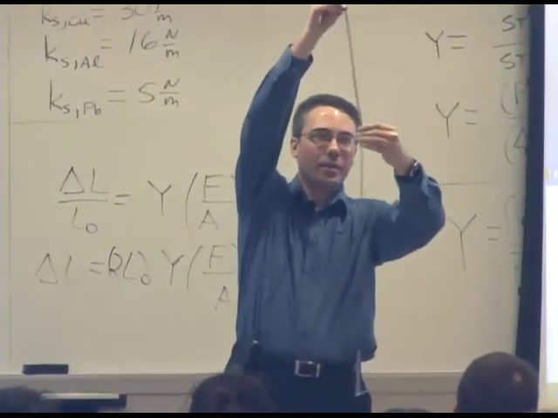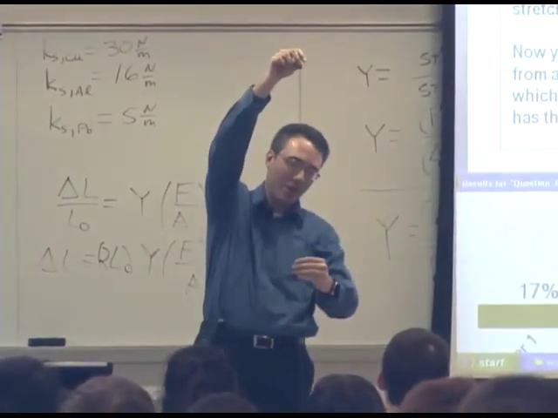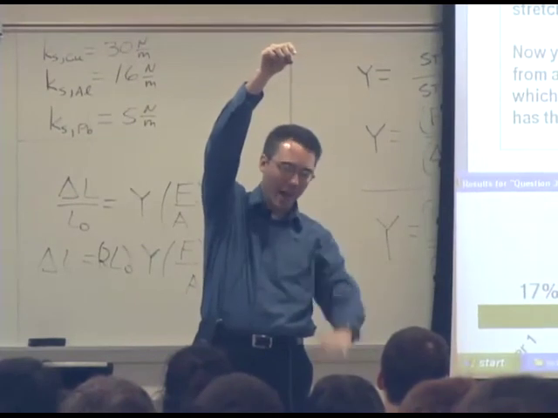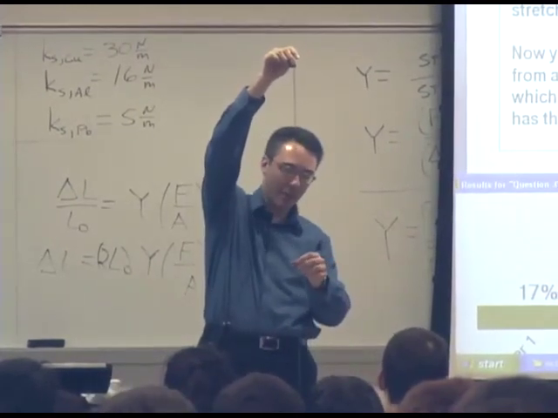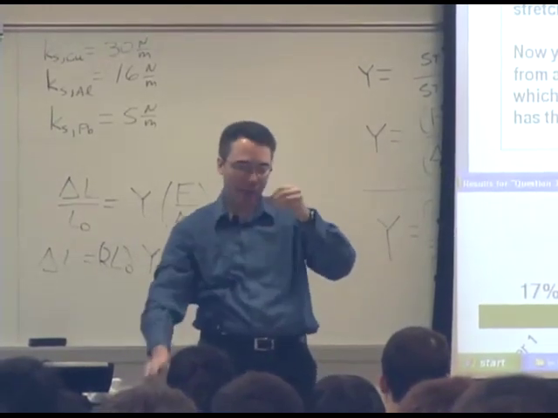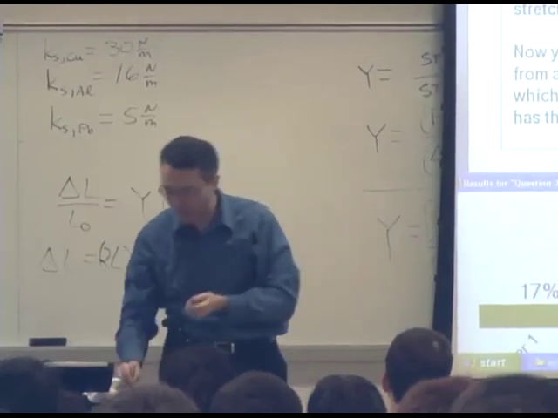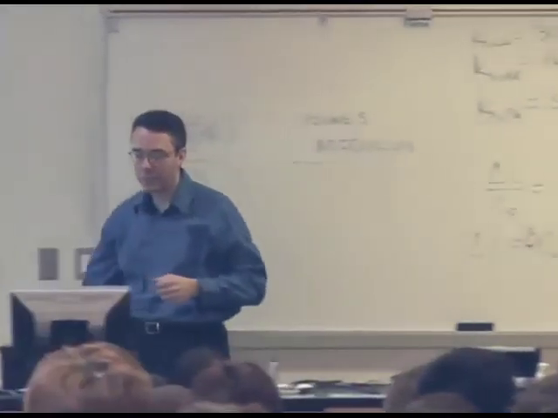Then that's now stretching that spring as well. They're both stretched by the same amount, but if I just double the length, I've got double the stretch. We're just modeling it like springs in series, so it's behaving exactly the same way.